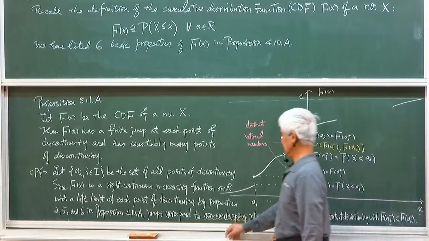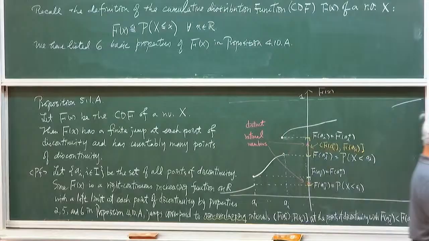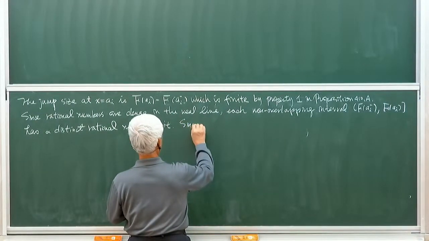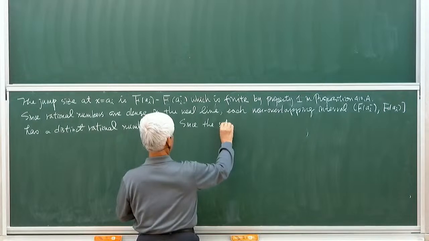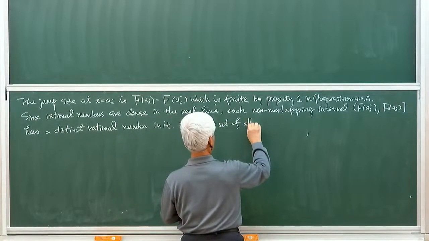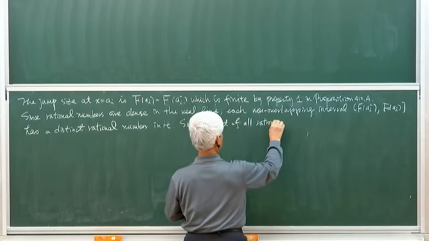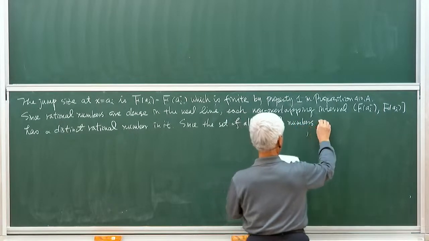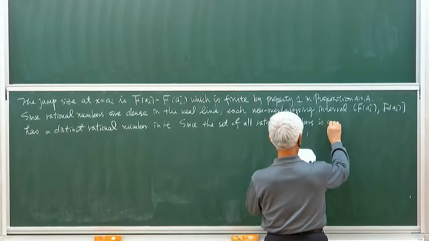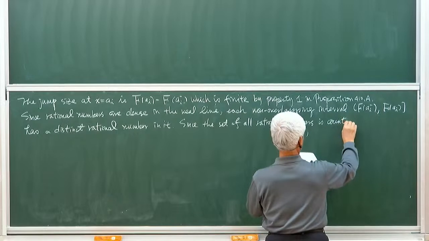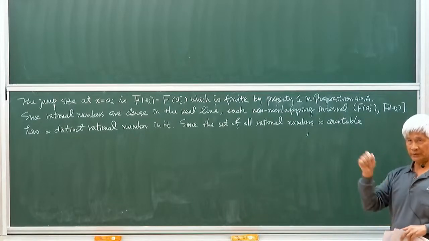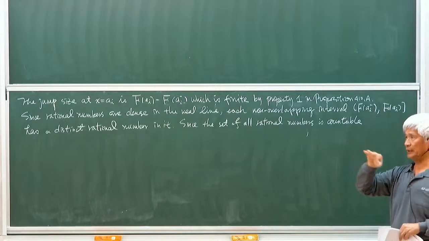But since the set of all rational numbers is countable, we can count all rational numbers: 1, 2, 3, 4, 5, 6, 7, 8.